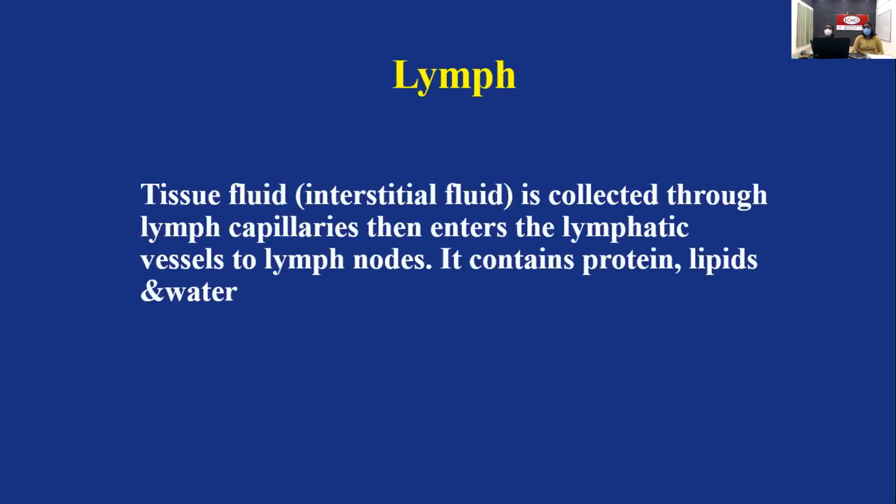Thank you. So, what is lymph? Throughout the lymphatic system, lymph fluid is moving. Lymph is a tissue fluid or interstitial fluid that is collected through lymph capillaries, then enters the lymphatic vessels to the lymph nodes.